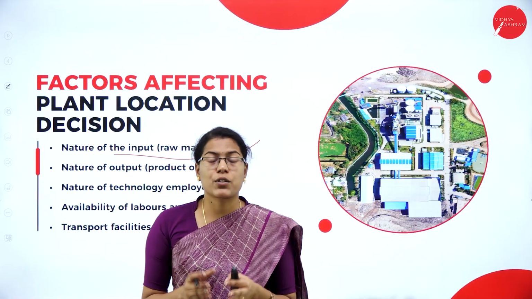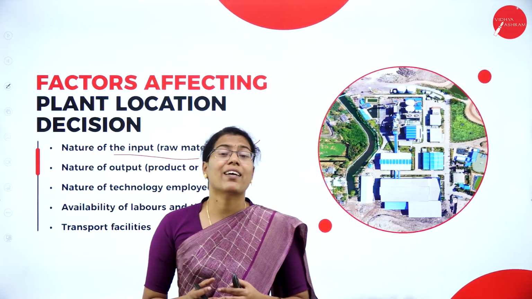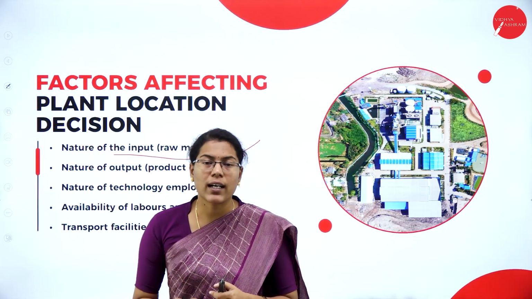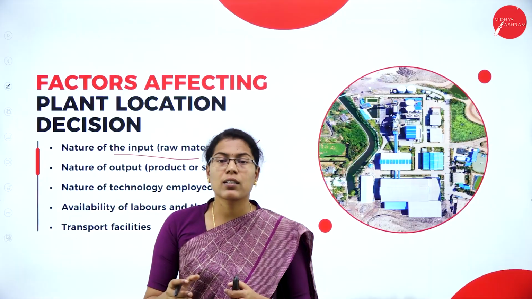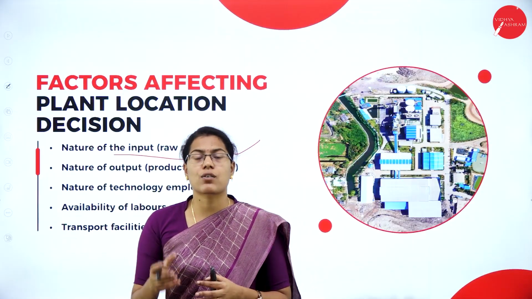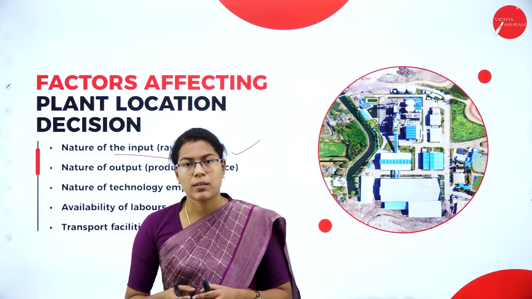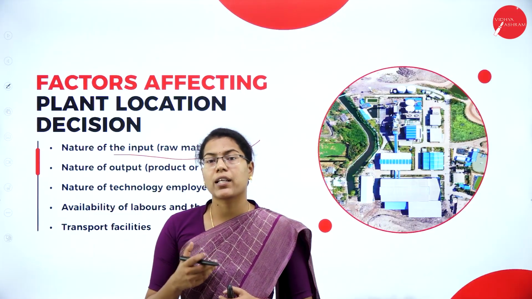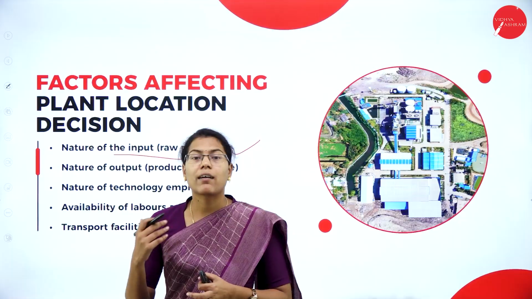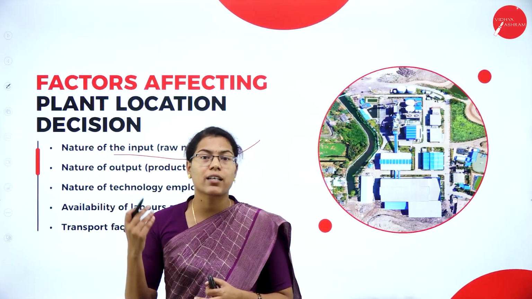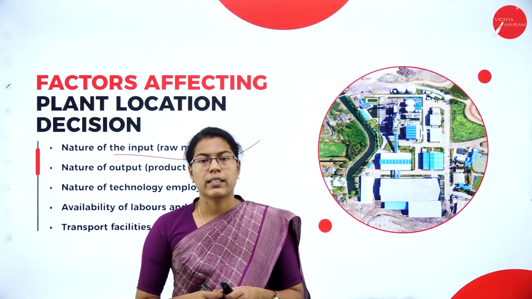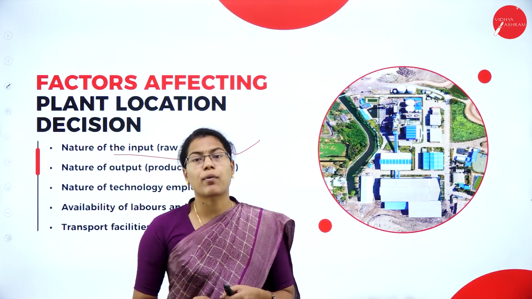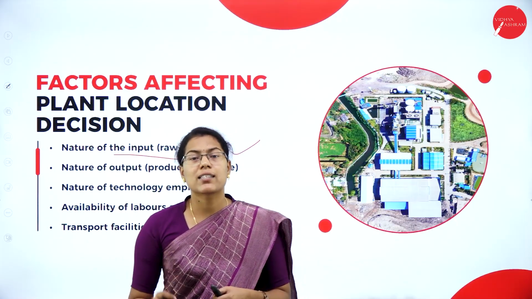So nowadays, due to the increase in the use of electricity or electric power, it's not that the plant location decision always depends on the availability of fossil fuels, but with the increased use of electric power, at least here the company has to check where they can get availability of sufficient electric connection or power. It is essential that there should be sufficient availability of electric power continuously at reasonable rates.